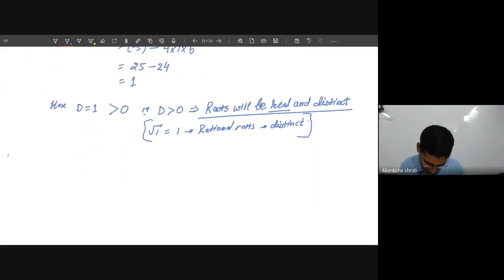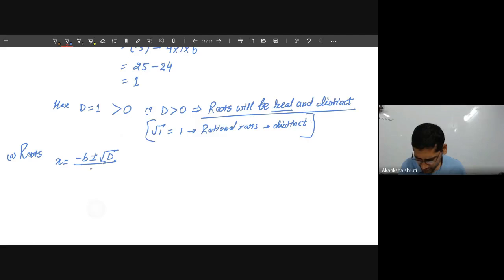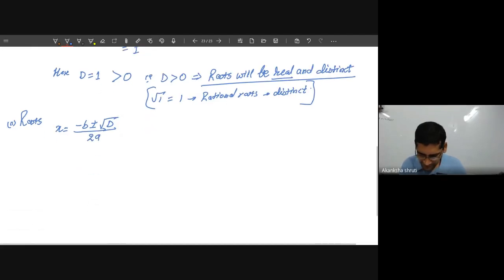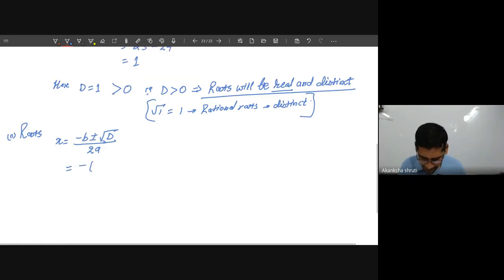Now for the roots, how are they calculated? x is equal to minus b plus minus under root of D by 2a. Student, we have calculated the D value, so I can directly substitute here. Minus is the formula, and what was our b?